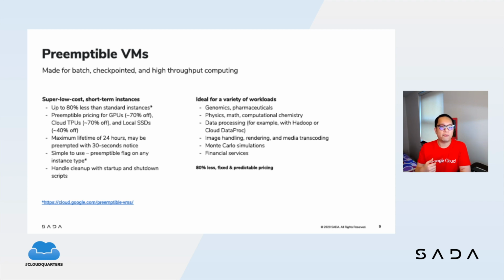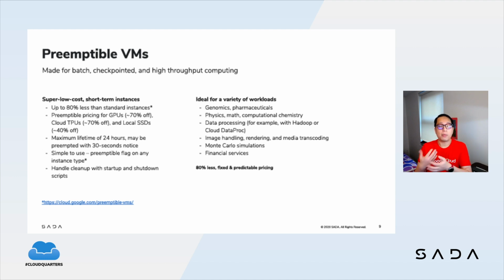So in order to save more costs, we actually take our Google machines and rent them to you as preemptible VMs with up to 80% less than standard pricing, which is very good. Preemptible pricing for GPU or TPU is a 70% discount, and local SSD is 40% off.